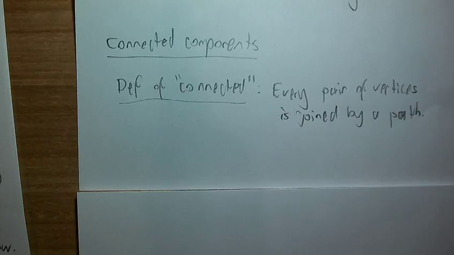So you take all the sets of vertices and go, all these ones are connected to each other, and all these ones are connected to each other, but together they're not connected.